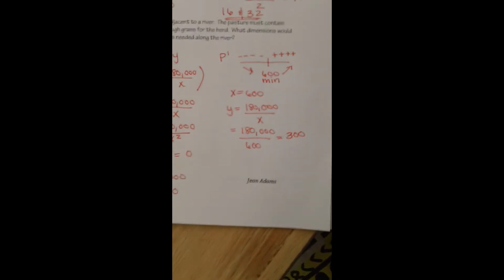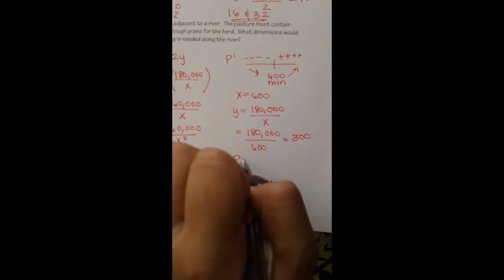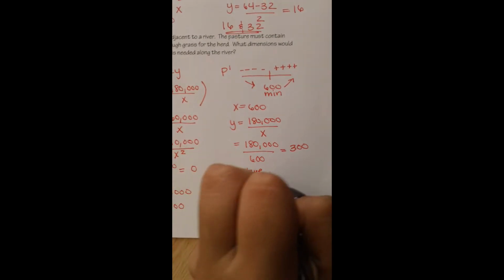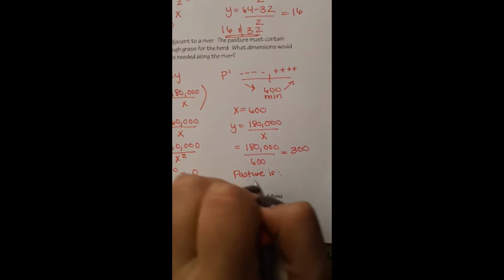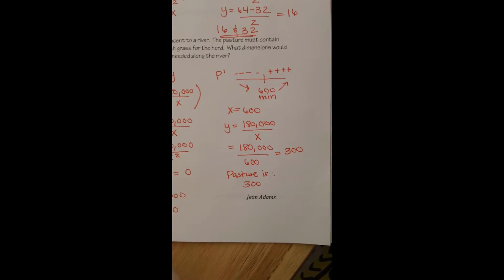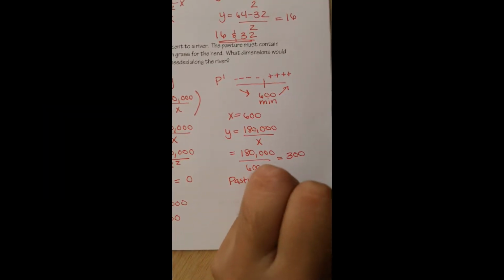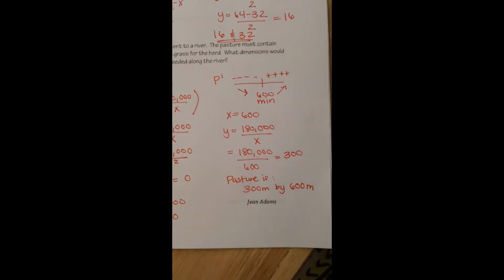So our pasture will be 300 meters by 600 meters.